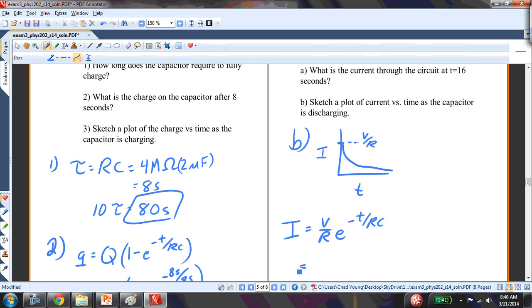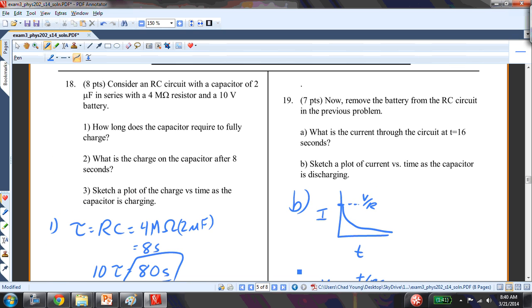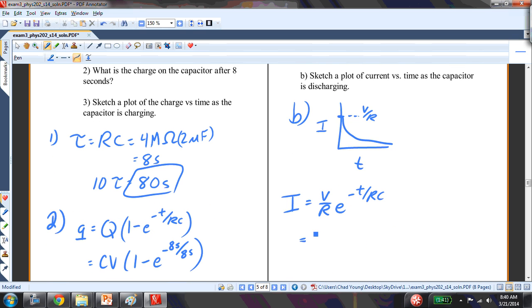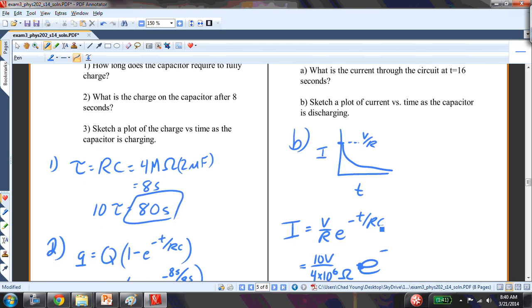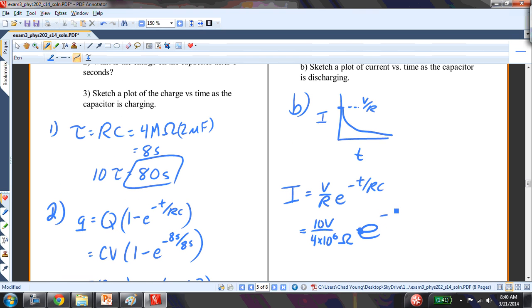Now, this is given by this function. So V was 10 volts over 4 times 10 to the 6 ohms, times e to the minus, was it 16 seconds? 16 seconds over 8 seconds.